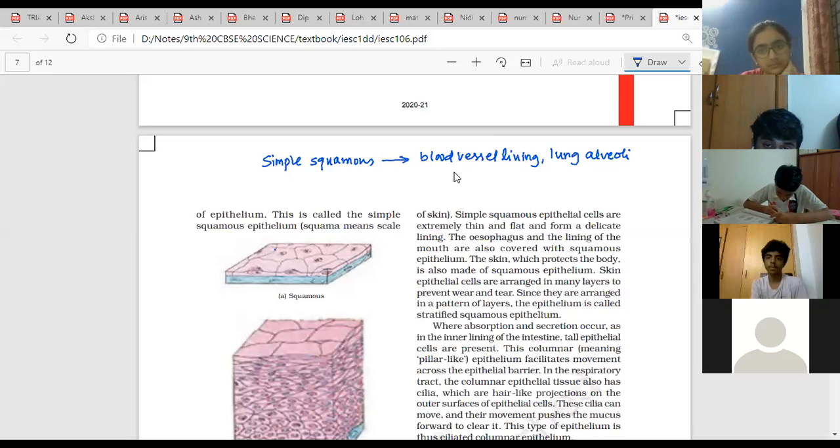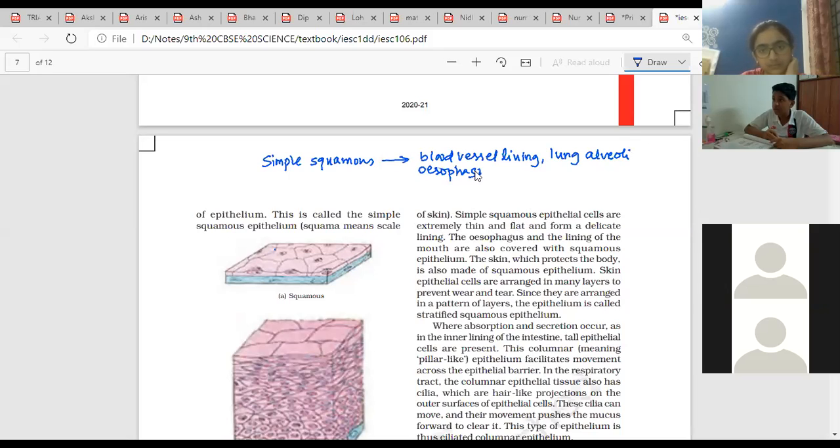They are also present in the transportation path, that is the esophagus. What is the esophagus? The food pipe. Lining of the mouth, where saliva is present. So simple squamous is present at these places.